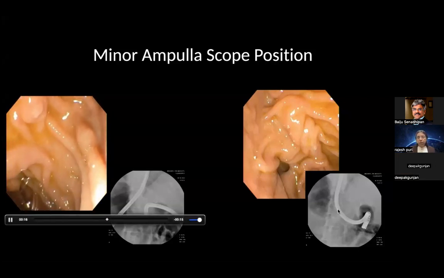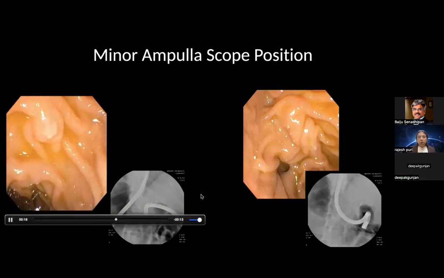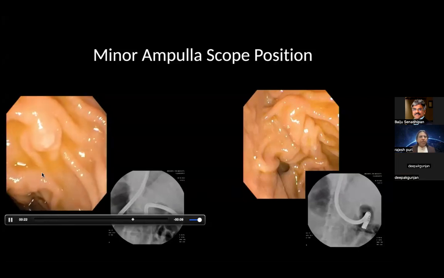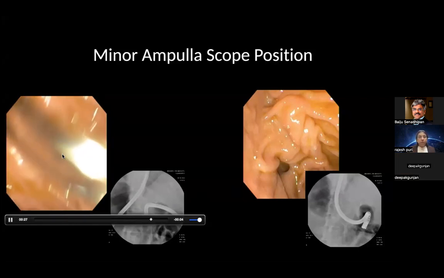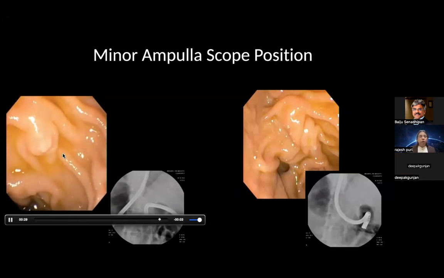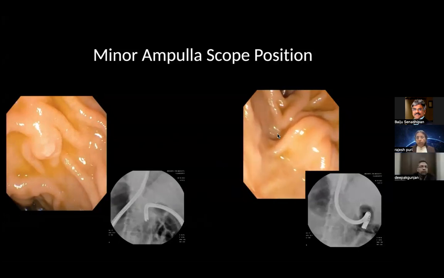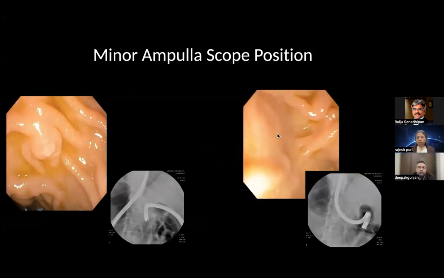You can see the fluoroscopic images. Here I am in the long loop and here I am in the semi-long loop. Make the minor papilla end-on and then try to use the taper cannula with the 0.025 or 0.08 guide wire. Similarly, here, focus the minor papilla in the semi-long position.